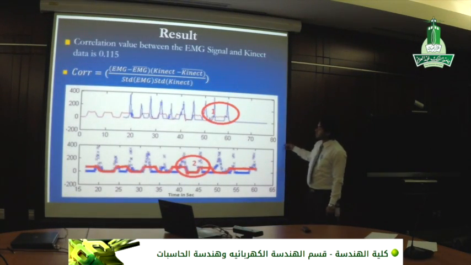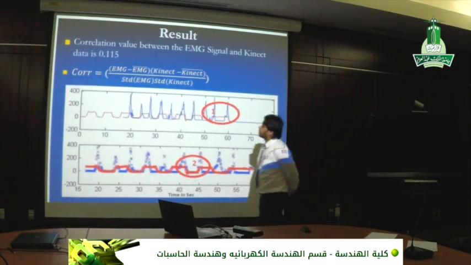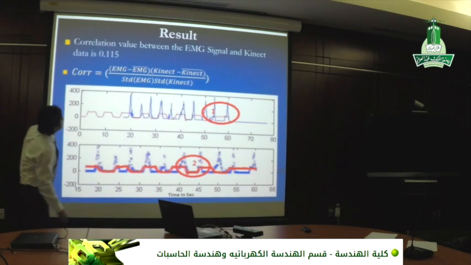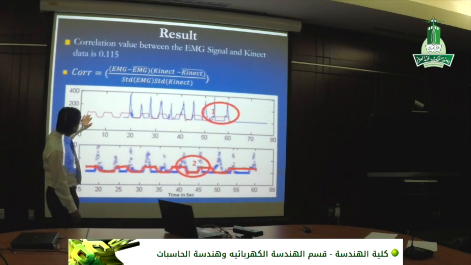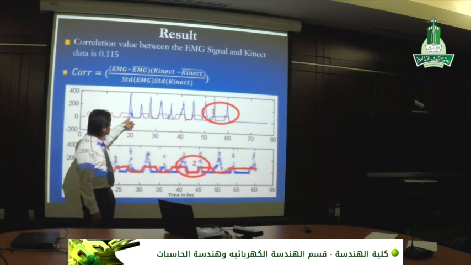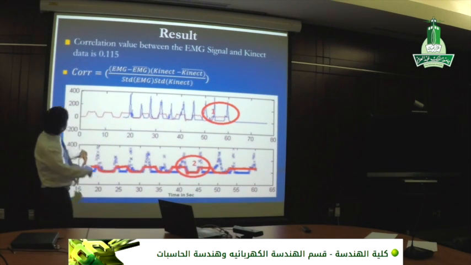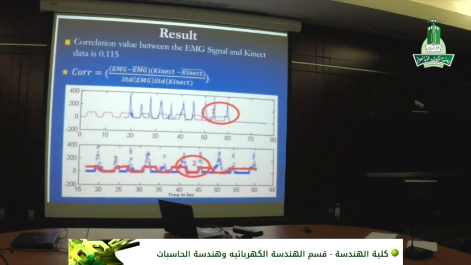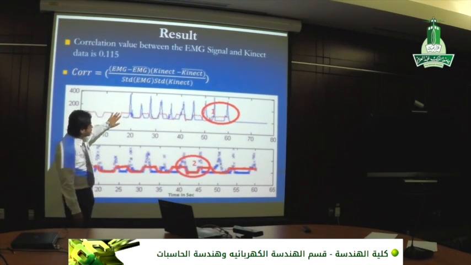This is the result that we got from Kinect and the EMG sensor. The red one is the Kinect data and the blue one is the EMG data. There was no way in which we could calculate error accuracy for them as of now, because this was the raw data that we got.